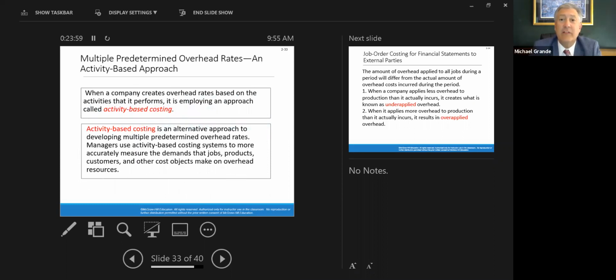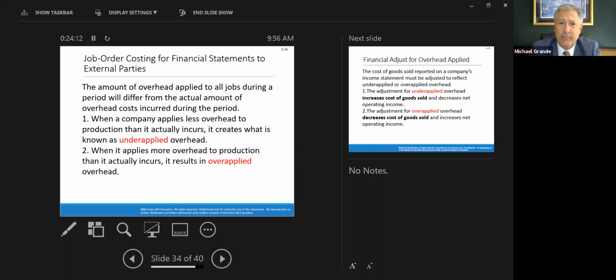When a company creates overhead rates based on activities that it's performed, it's employing an approach called activity-based costing, which we're going to see in another chapter. When it comes to underapplied or overapplied manufacturing overhead, we're going to talk about that in chapter number 3.